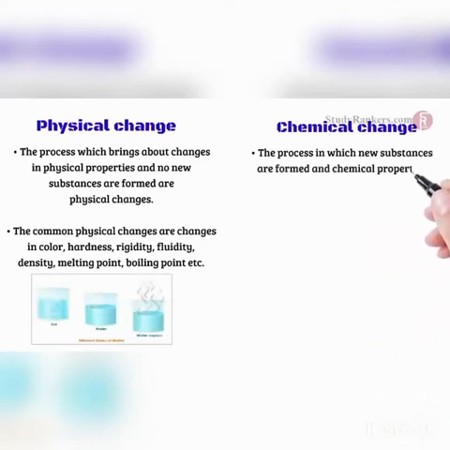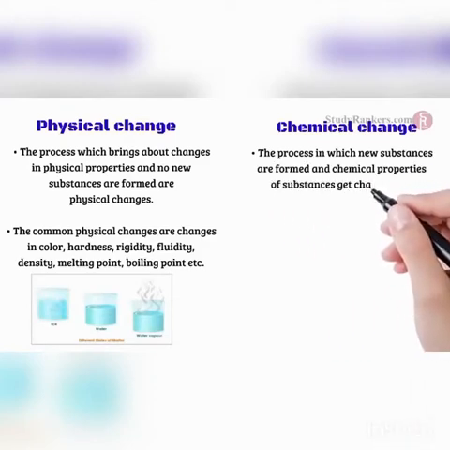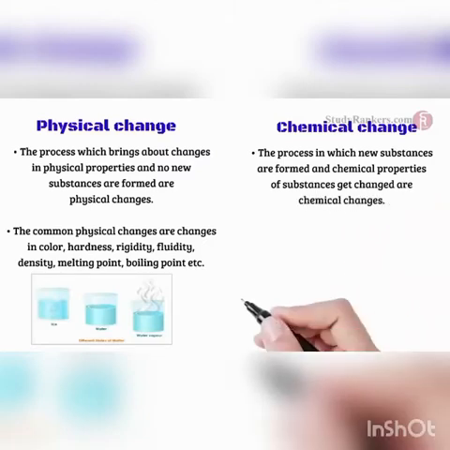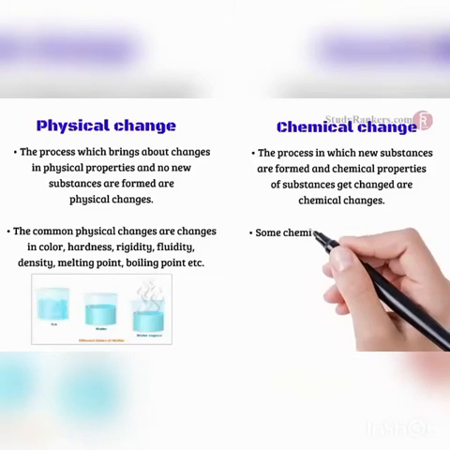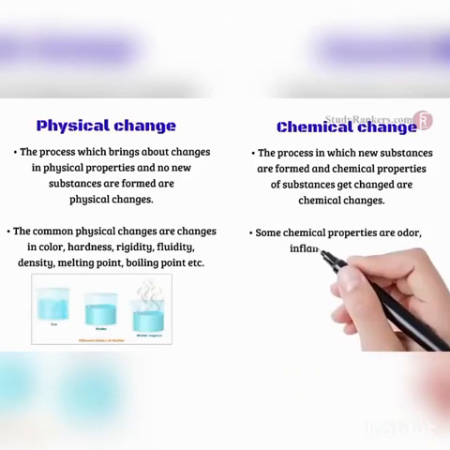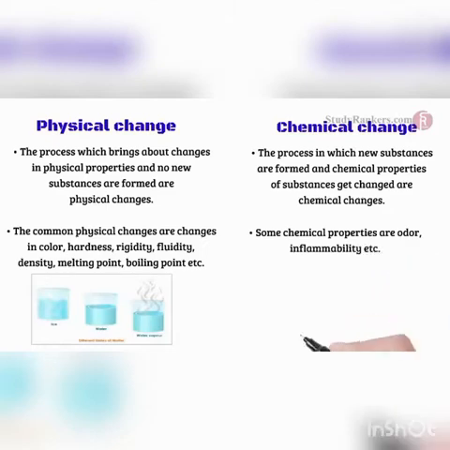Now we are going to describe chemical change. The process in which new substances are formed and chemical properties of substances get changed are called chemical changes.